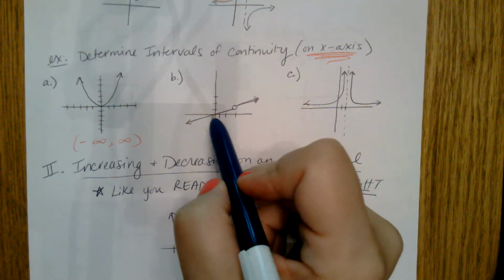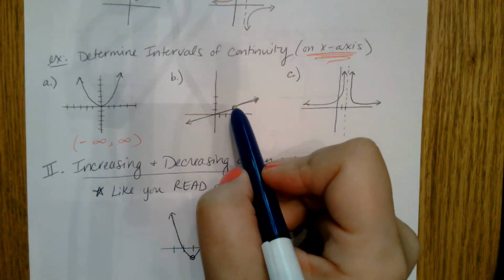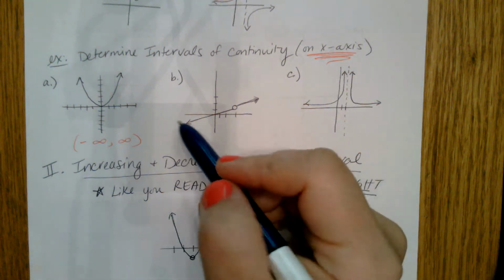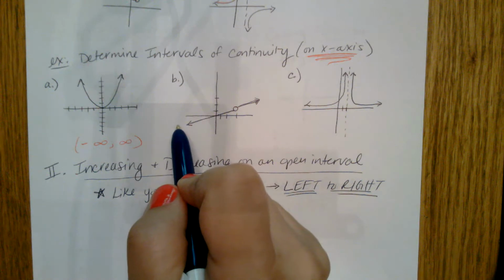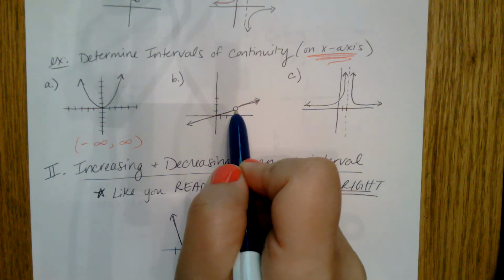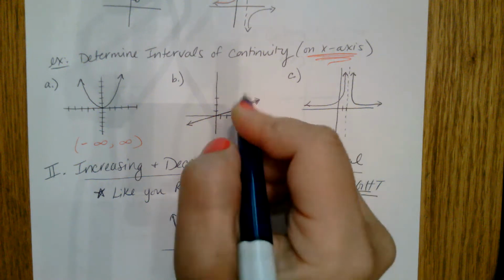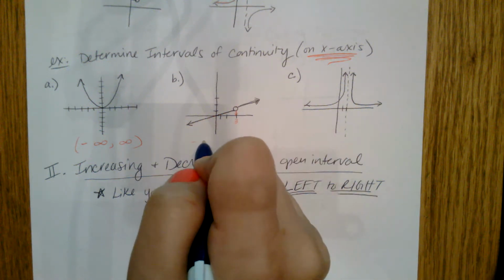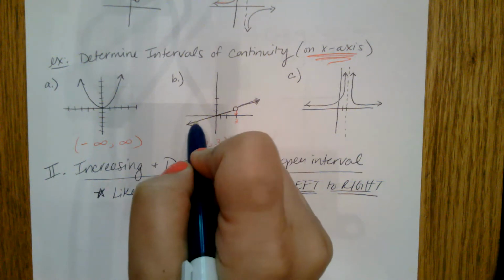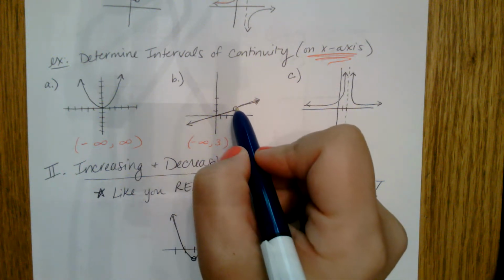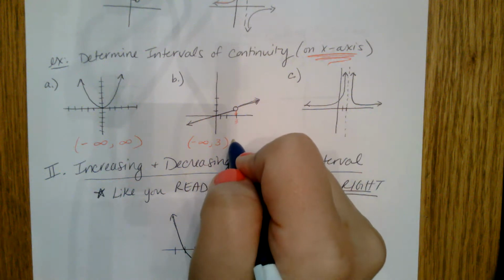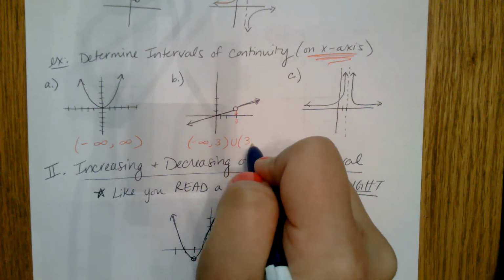Now this one looks like a line, but it has a hole in the middle of it, a point, a hole, which will happen. So that means from negative infinity all the way up to where on the x-axis, right here at 3. So from negative infinity to 3, I can draw with my pencil. And then I can draw after 3. So I don't want to be on the point 3. So I say united with 3 to infinity.